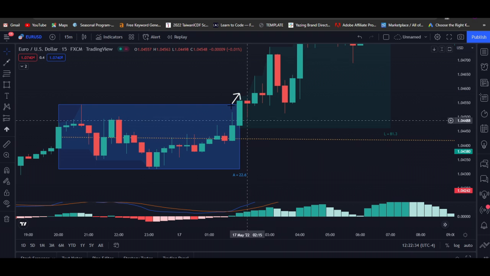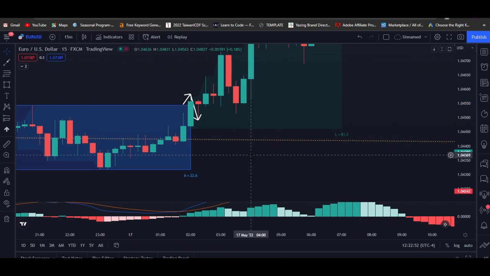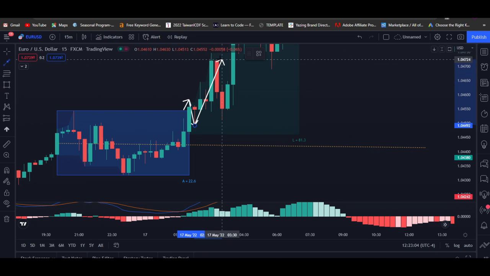The price broke out of the Asian session, went up with this bullish candlestick, then dropped down with this bearish candlestick with the long wick, which came very close to the middle of our Asian session box. And then gave us this bullish engulfing candlestick right here, which would have been entered on.